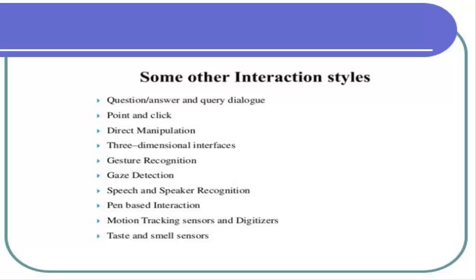Some interaction styles are a variety of ways to interact with the system and the system with the users: point and click, question and answer, gestures, voice, speech. There are plenty of ways to interact. But the key point is that the goal of an IT engineer should be to make the system very interactive towards the users for the best possible outcome.